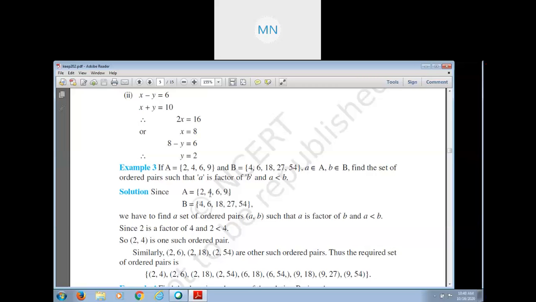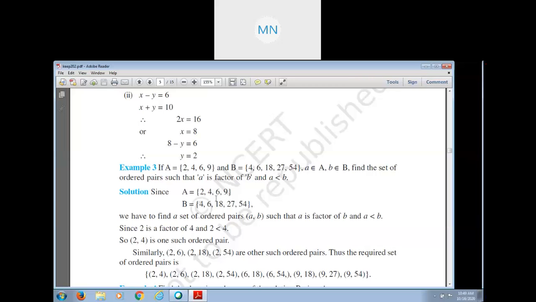Sorry, is 4 a factor of 6? Is it true? No, ma'am. So this ordered pair (4, 6) will not come. Okay?